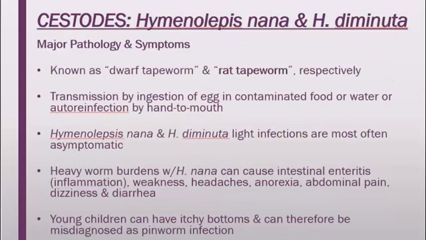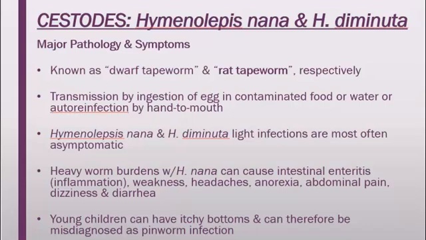Our first two cestode species are Hymenolepis nana and Hymenolepis diminuta. These are known as the dwarf tapeworm and the rat tapeworm, respectively. They're transmitted by ingestion of eggs in contaminated food and water, or they're also caused by auto-reinfection by hand to mouth.